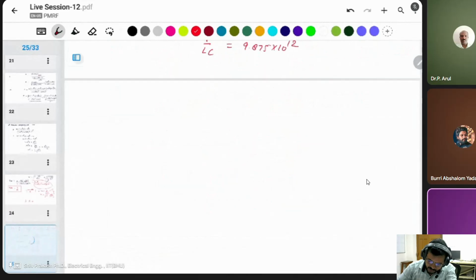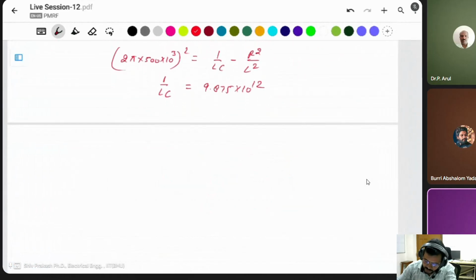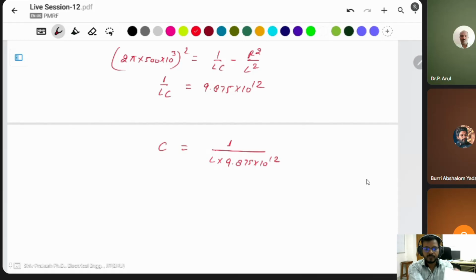Then C is 1 divided by L into 9.875 into 10 to the power of 12, which is 2.54 nanofarad.